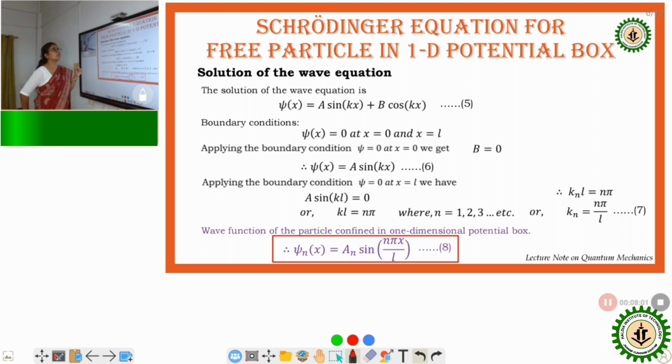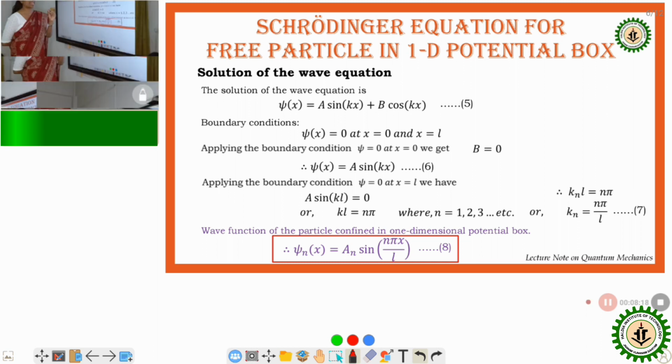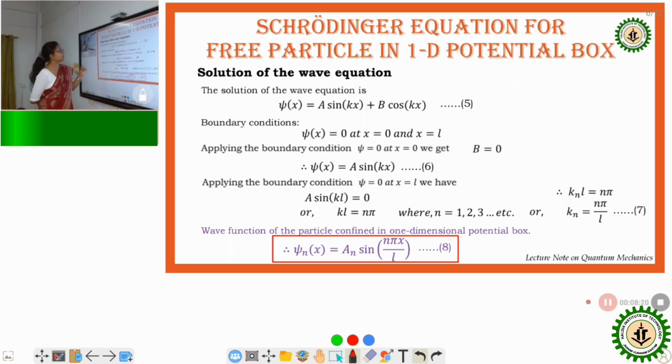Well behaved means psi of x, the wave function of the particle, and the first derivative, d psi/dx, must be single valued and continuous at every point of x. That means at every point of the one dimensional potential box along the x direction.